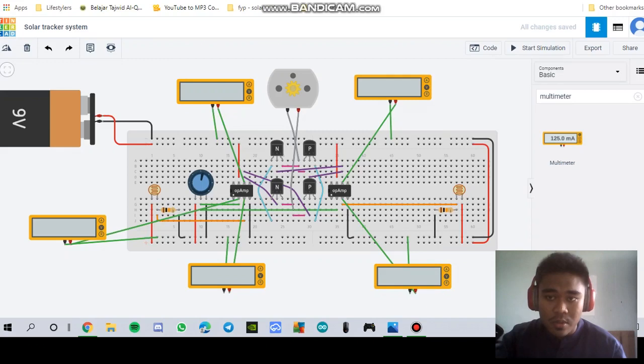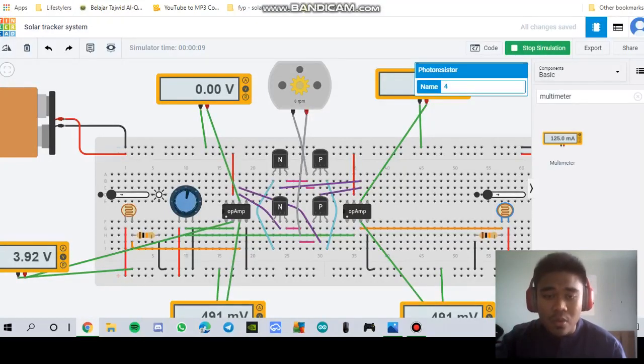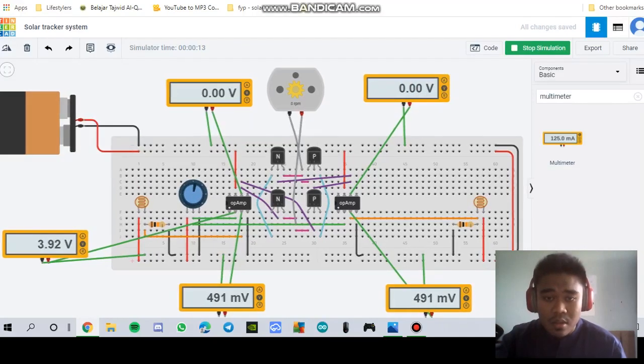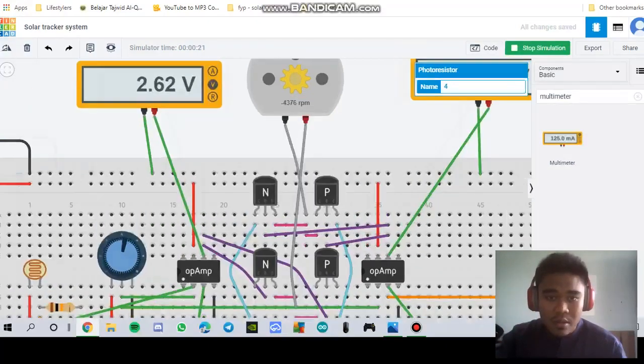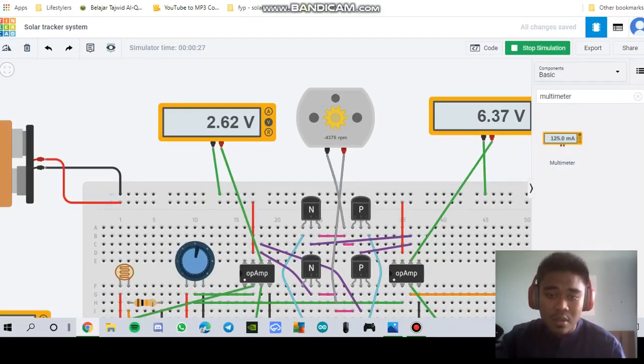Before we start the simulation, LDR1 is low and LDR2 is low, and mode 2 says that the motor will rotate in the anti-clockwise direction. So we give LDR2 high, and let's see the motor move backward, in the anti-clockwise direction.